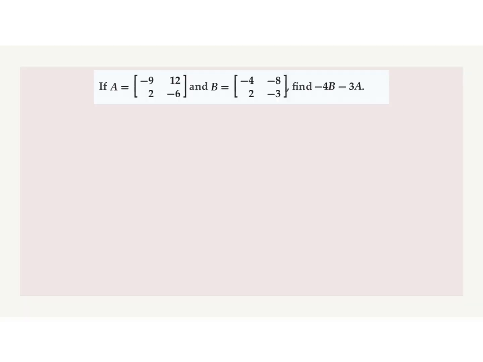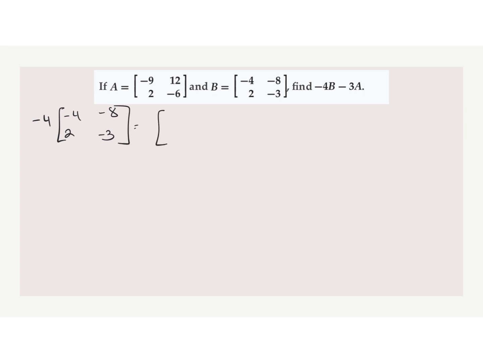So for the last example in the notes, we have if matrix A and matrix B are that. They want us to find negative 4B minus 3A. So let's separate this. Let's figure out what negative 4B is going to be. So negative 4 times negative 4, negative 8, 2, negative 3.